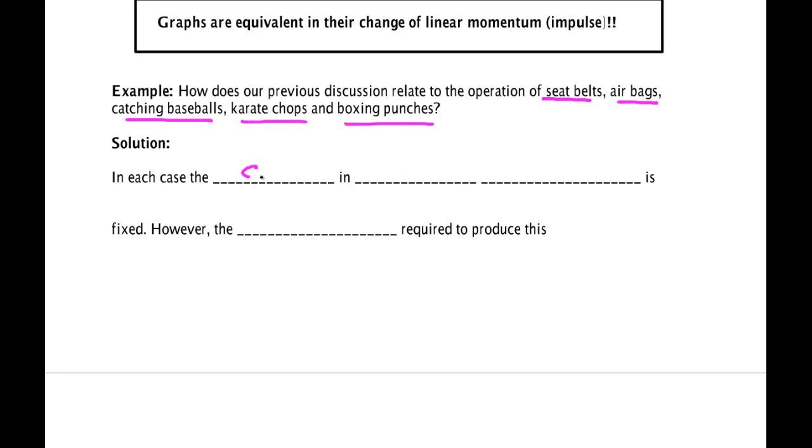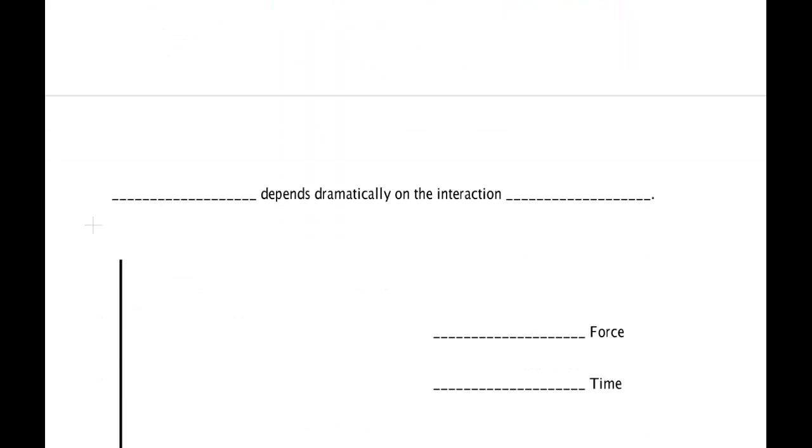In each case, the change in linear momentum is the same. It's fixed. But the force required to produce it can be radically different. And I'll show you that in the graph.